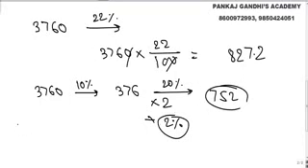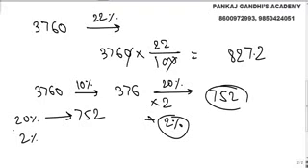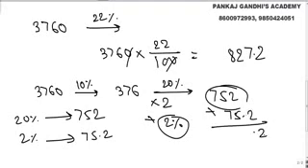If 20% is 752, 2% will be 20% divided by 10. So 20% plus 2%.